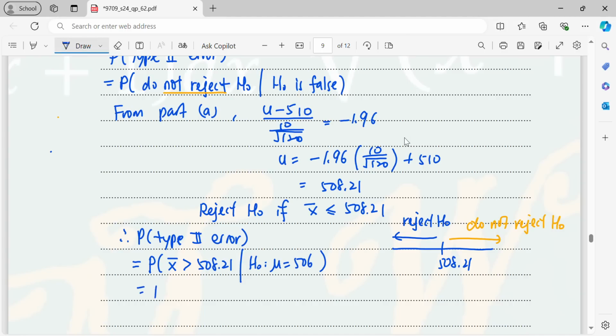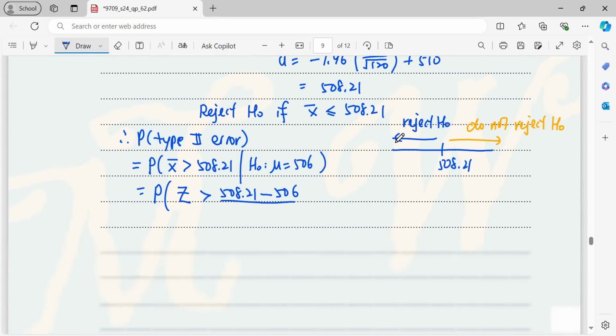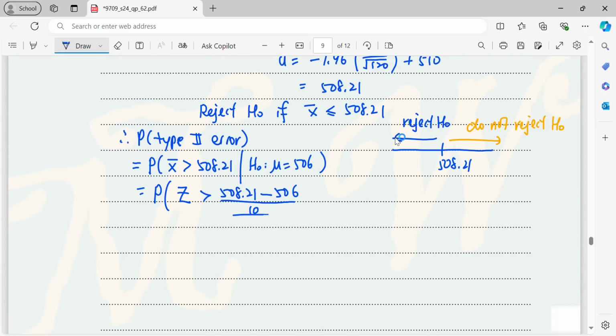So now again you standardize it. So it will be 508.21 minus 506 over, the rest remain, no change. So 10 over square root 120. And here is going to be P, Z more than 2.421.